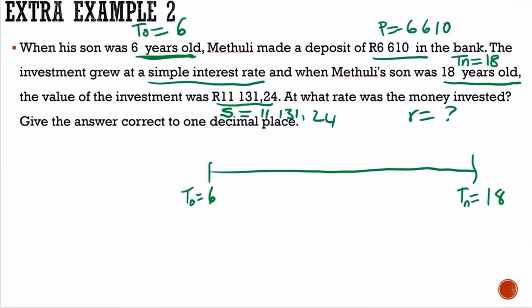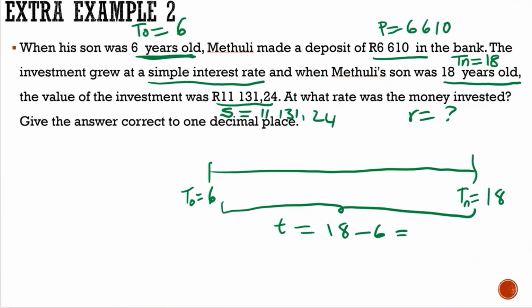Can you see now, you've got the son, the investment started when the son was 6 years, and then it matured when he was 18. You need to know how long this investment was, the time. To get the time of this investment, you simply say 18 minus 6.